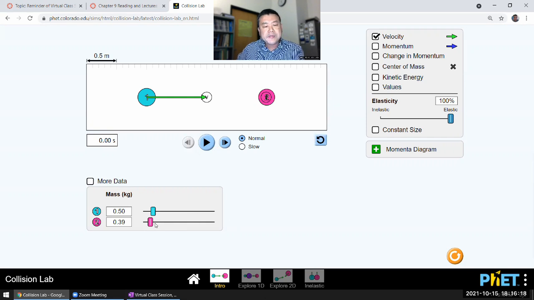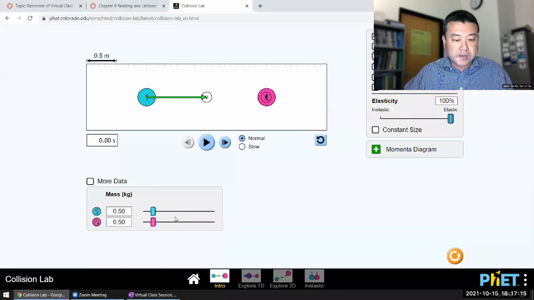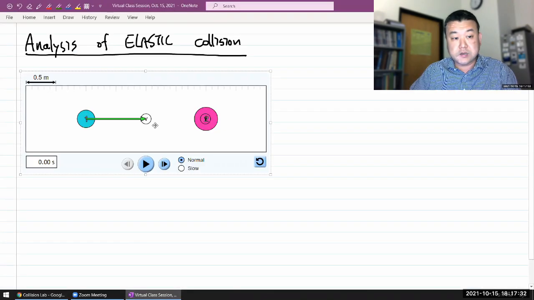So let's start by analyzing this elastic collision first, and then we'll modify it for the inelastic collision to consider, okay, what constraints are we getting rid of, and what constraints still remain. So let me do that. Let's just start out with analysis of elastic collision. So we are imagining a setup like this, where mass M2 could be any other mass. It doesn't have to be the same as M1. And so this is the before collision.